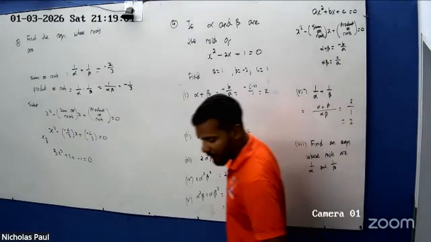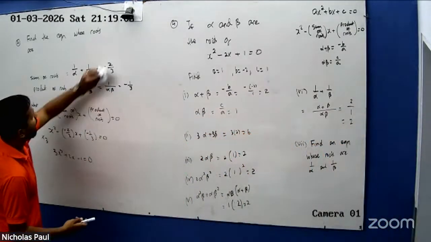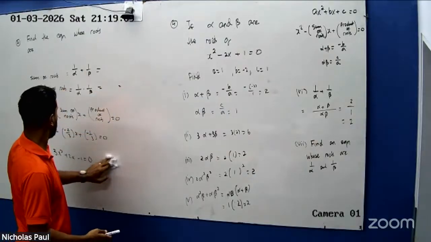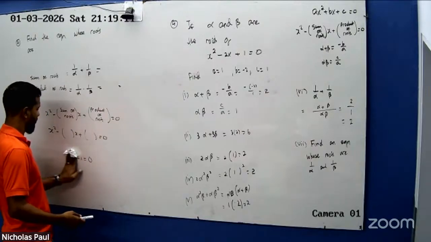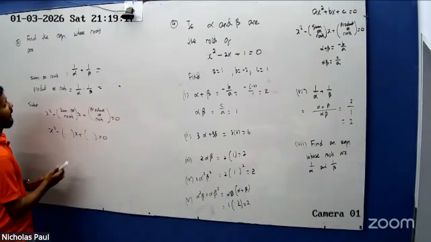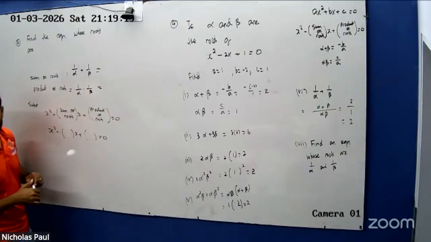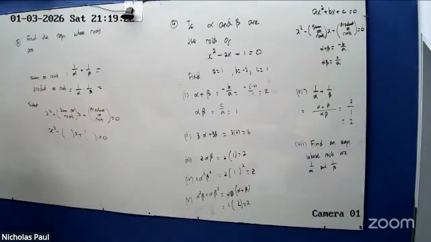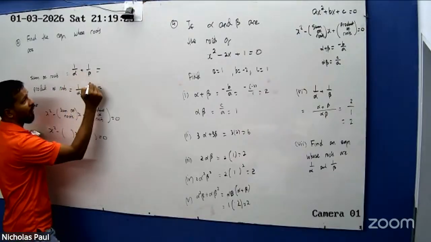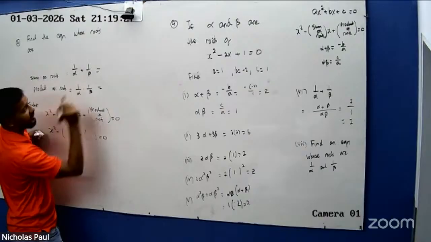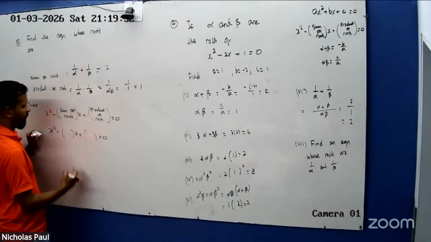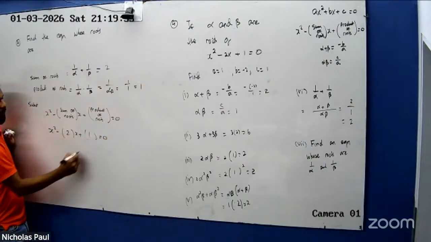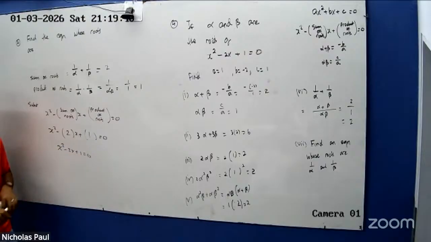And now you want to get the equation. 1 on alpha plus 1 on beta, that was 2. 1 on alpha beta, that's 1 on 1, which is 1. Plug in 2 here, plug in 1. So the answer is x squared minus 2x plus 1 is 0.